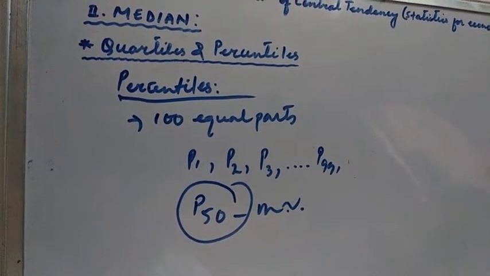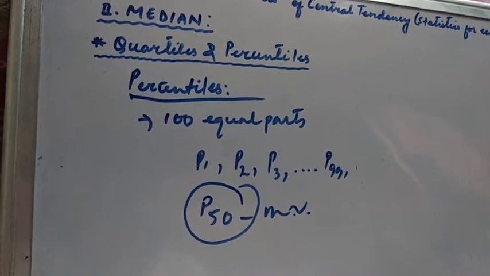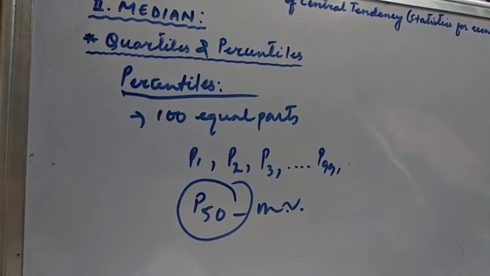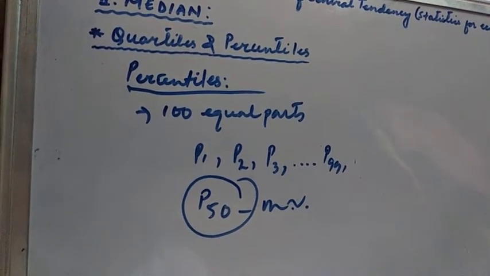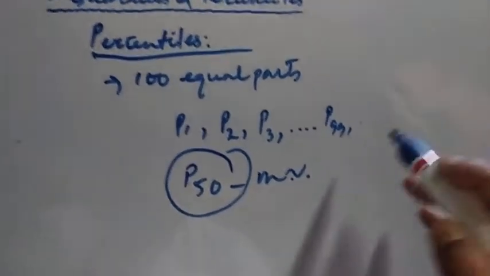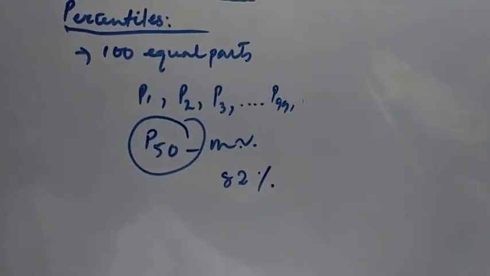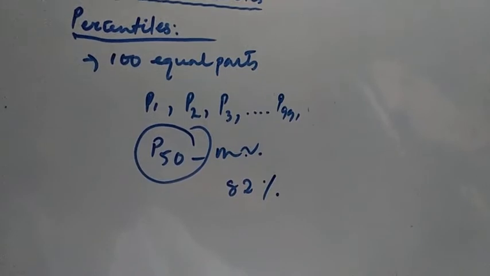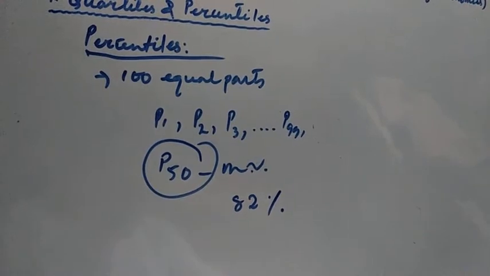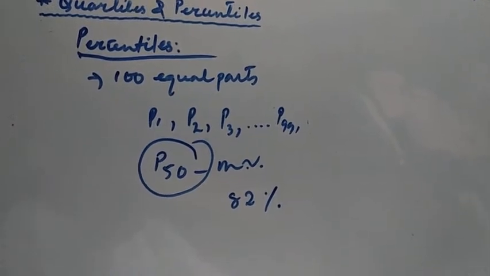For example, if you have secured the 82nd percentile in a management entrance examination, it means that your position is above 82% and below 18% of the total candidates appearing.